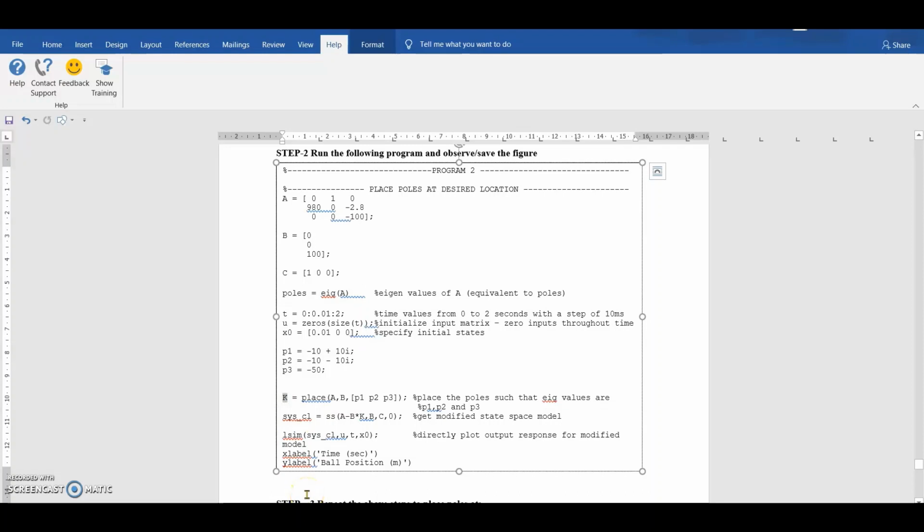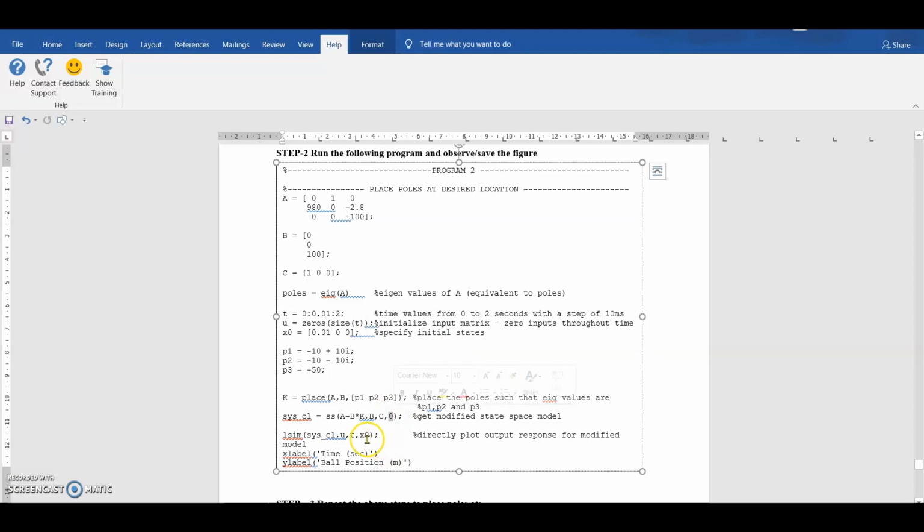Now as we have seen in the theory, the new system matrix will be A minus BK, and if you are giving input, then the B matrix will be the same as the B matrix we discussed in the theory, the C matrix will be the same as the C matrix, and the D matrix will be 0.